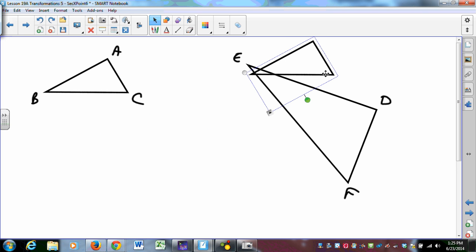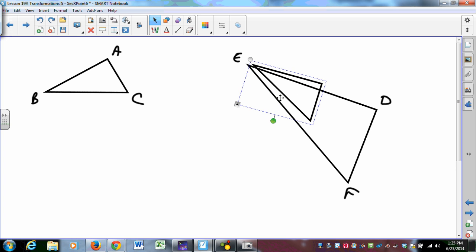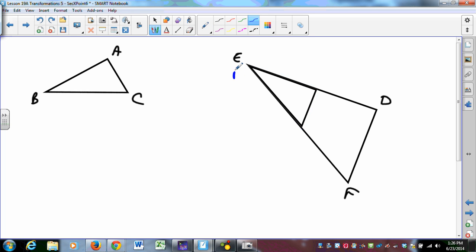I slide this over here like so, so that angle B matches up with angle E. E is B prime. This is A prime. This is C prime. There is an isometry that will make that happen. This angle is congruent to this angle.